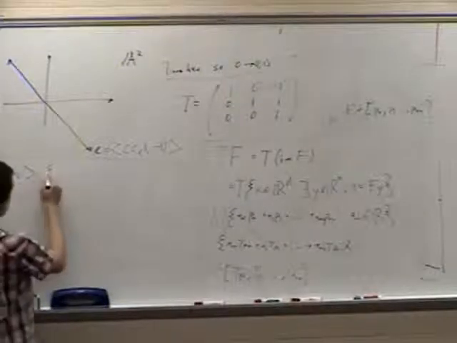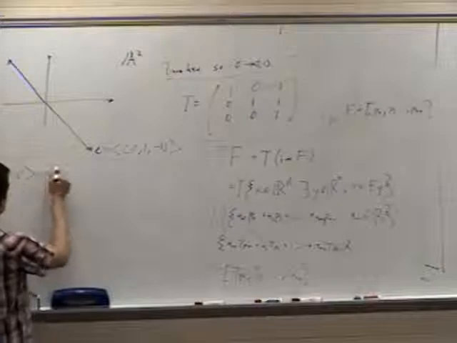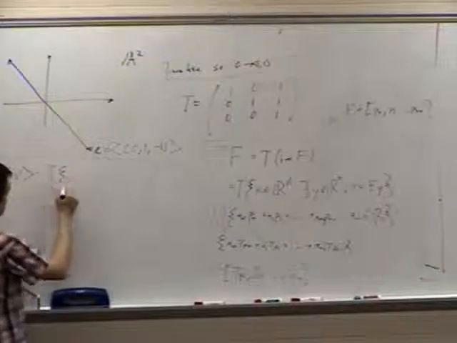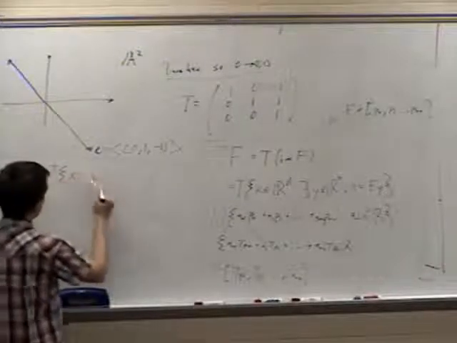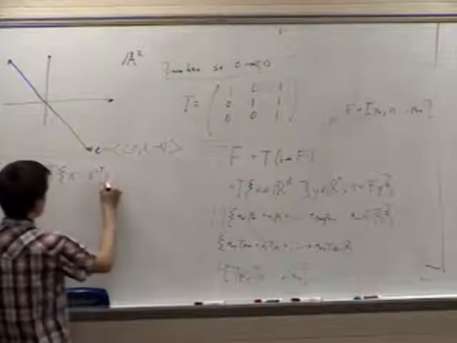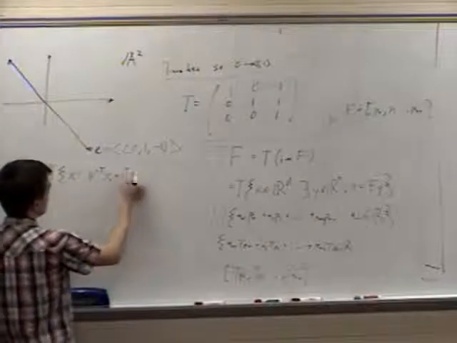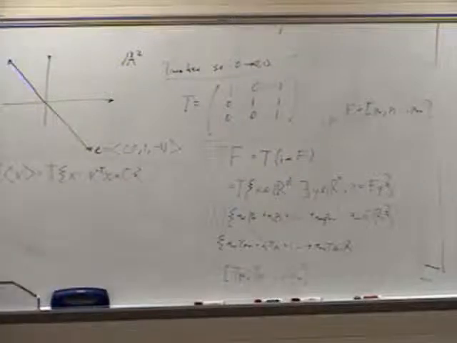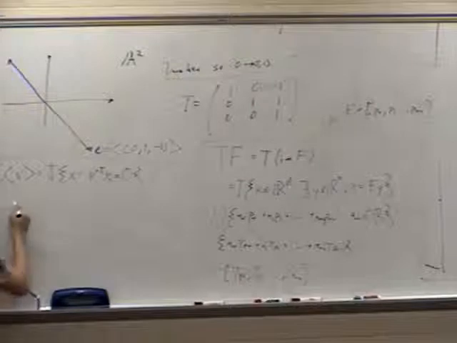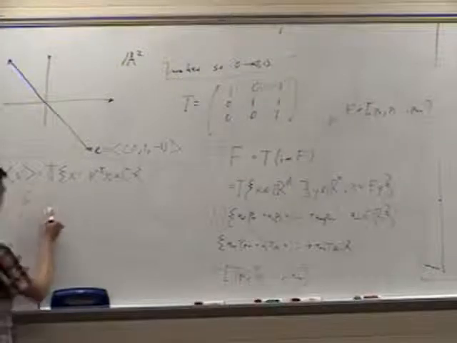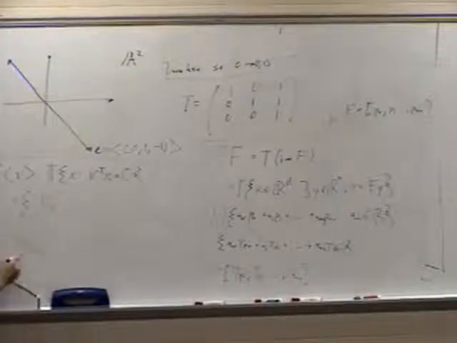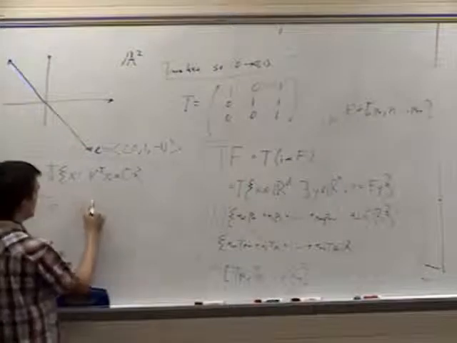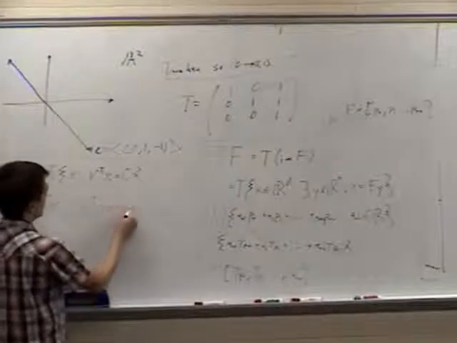This is basically T times the set of all points x such that v transpose x equals 0. That's the definition of this dual set. So what does this mean? Well, I can pull the T into the inside here, so it becomes Tx times v transpose x equals 0.